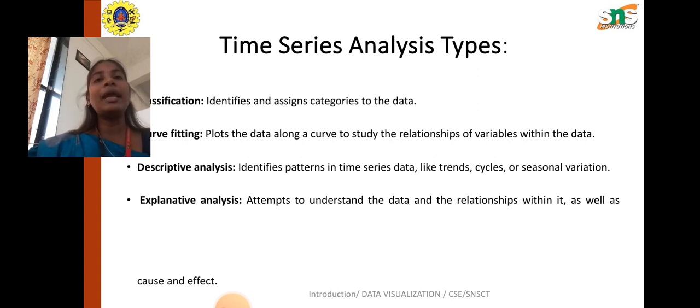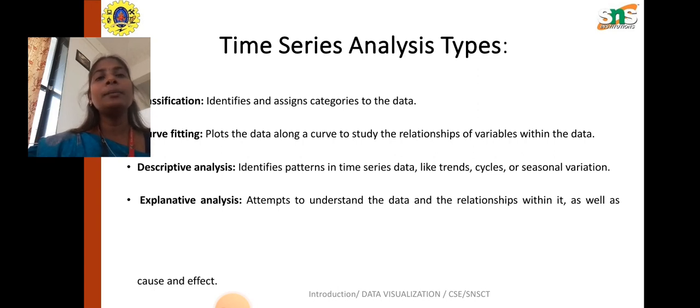Today we can expect rain, tomorrow we can expect no rainfall. Likewise, based on the data we can make a descriptive analysis. Here we identify patterns in time series data like trends, cycles or seasonal variations like weather.